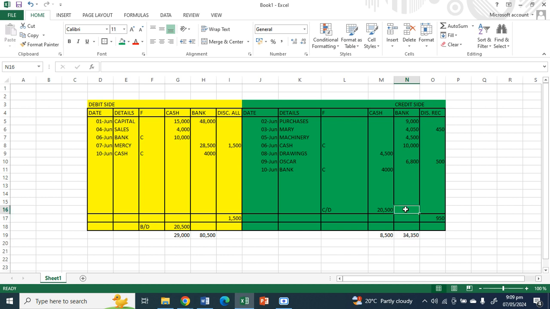So our balance carried down on the credit side is 80,500 minus 34,350, which is 46,150. Remember, balance carried down is at the end of the month. And balance brought down in the new month is 46,150. So this is our 3-column cash book.